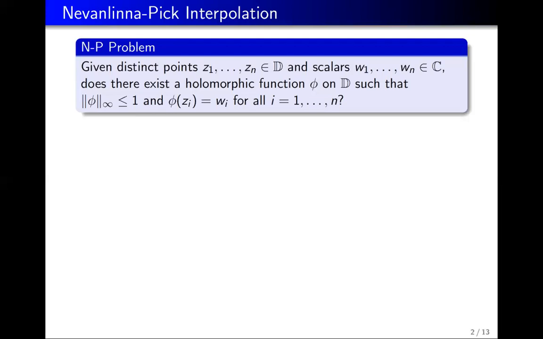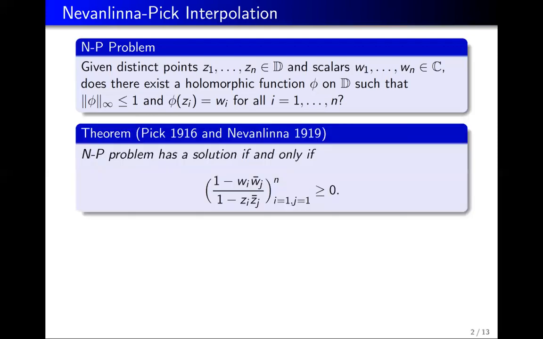So the solution to this problem is given by this theorem here. It says that this NP problem has a solution, meaning you will find such an interpolant from D to D closure, which takes Zi to Wi, if and only if you form this n cross n matrix depending on the data, depending on the points given to you, those distinct points Z1 up to Zn and the scalars W1 up to Wn.